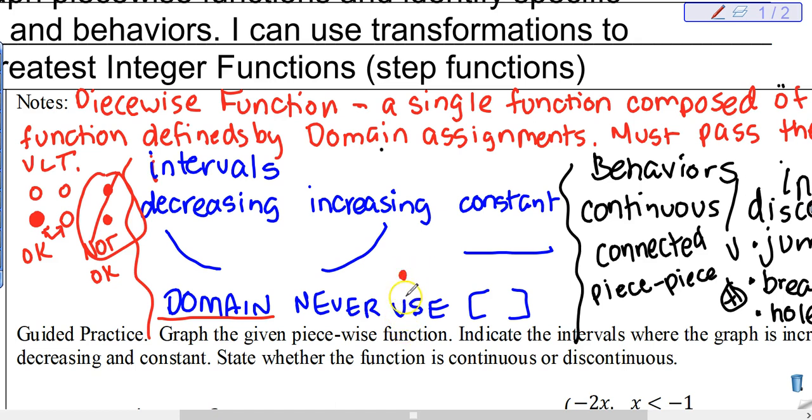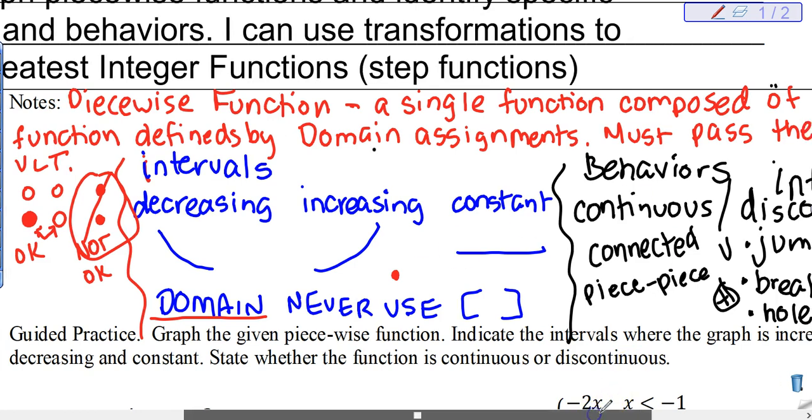It has, what's the word I want to use? The potential to be any of those things. So we don't use brackets ever when we're discussing intervals of increase, decrease, and constant. Never. Okay? So I want to talk about that.